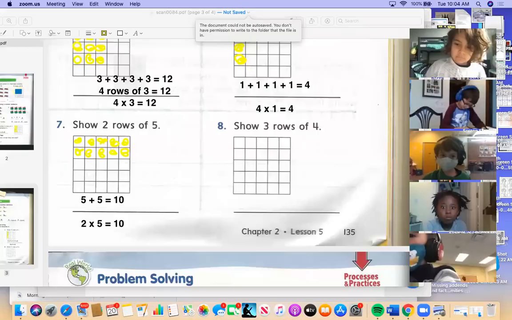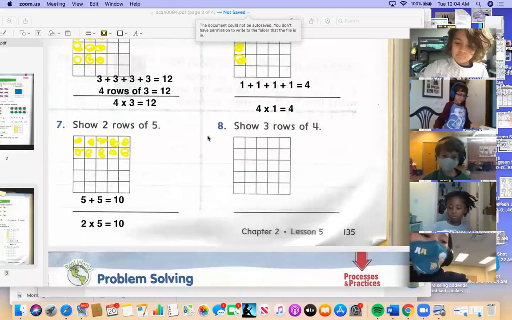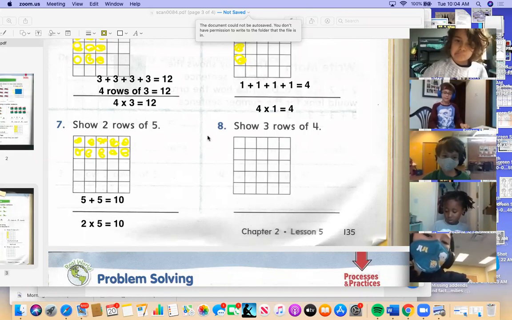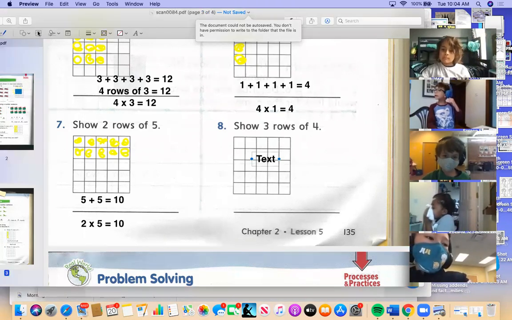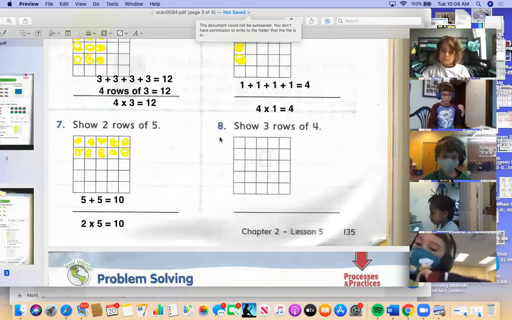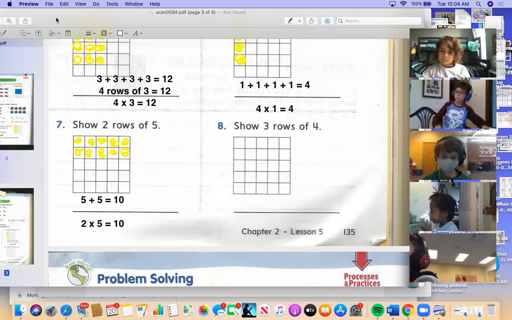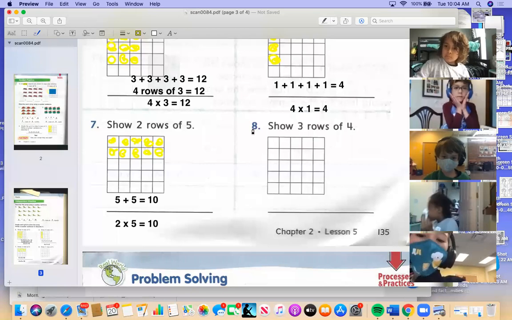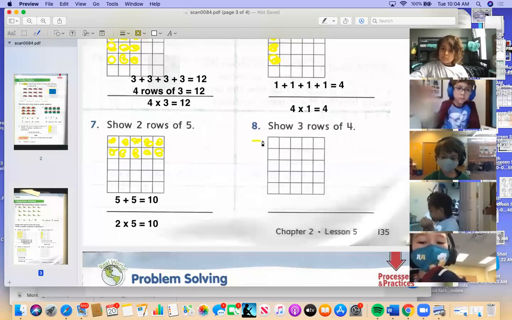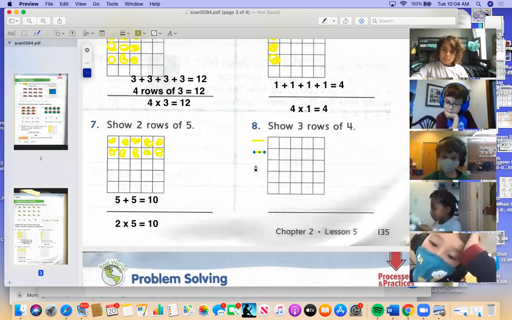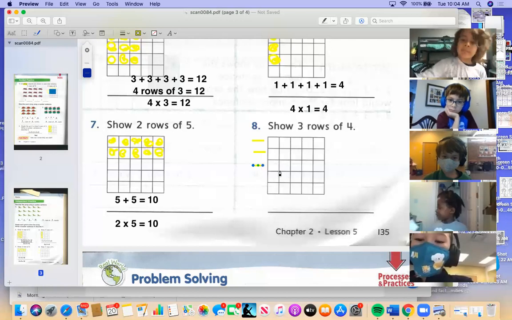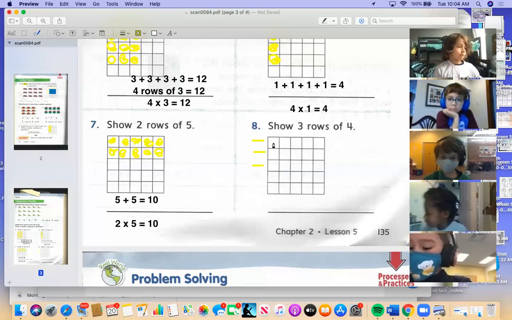Okay, so remember your rows go like this. They go across, like you're rowing your boat. So this is a row. This is a row. Oh, I'm sorry. It's 3 rows of 4. So we're going to make sure and have the 4.